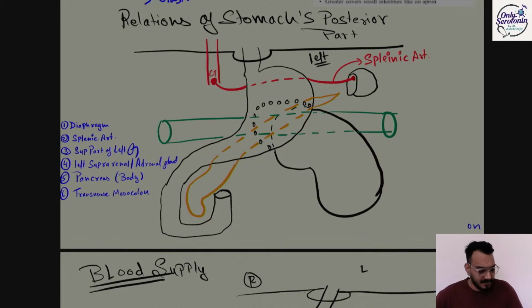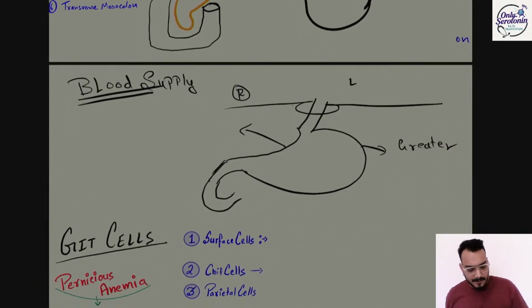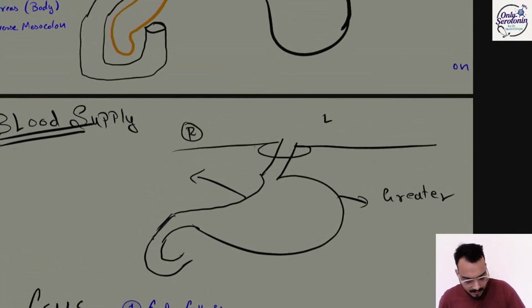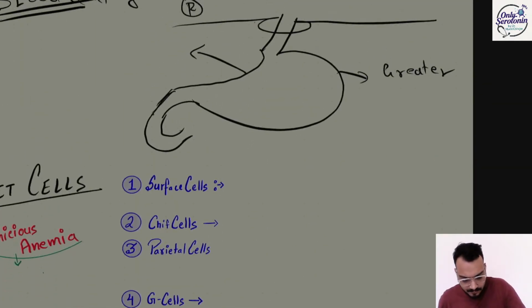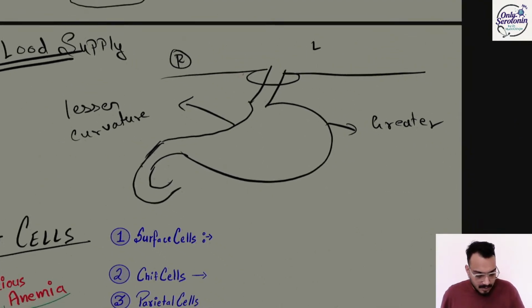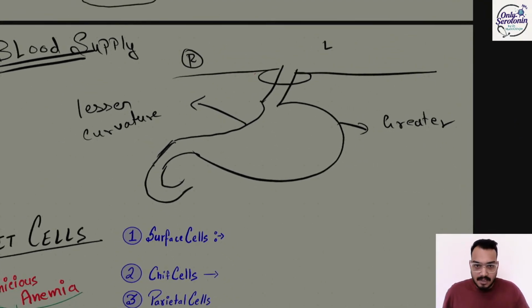Done, guys? Now, the next thing which we are going to discuss is the blood supply of the stomach. So all of us know on one side I am having greater curvature, on another side I am having lesser curvature of the stomach, right? On greater curvature and lesser curvature, we are having some blood supply.